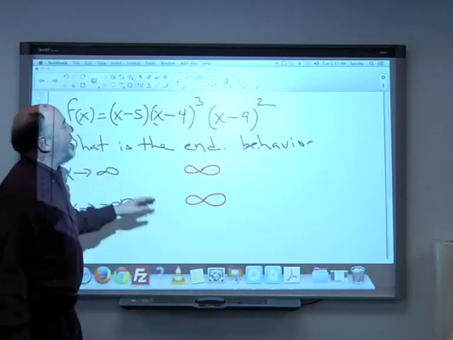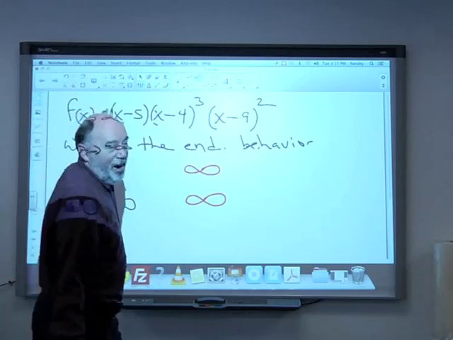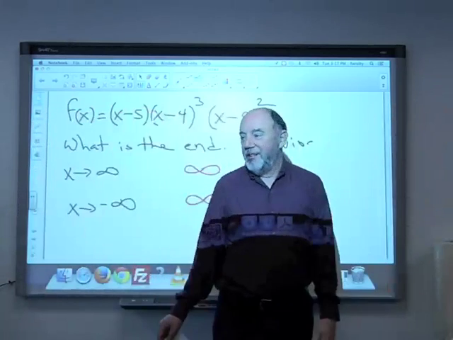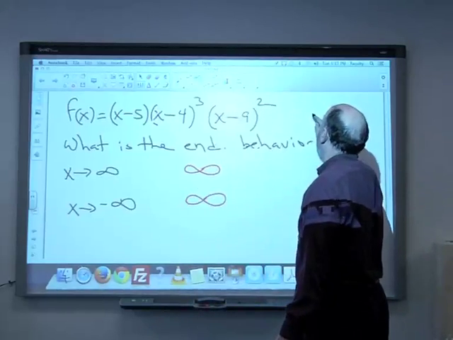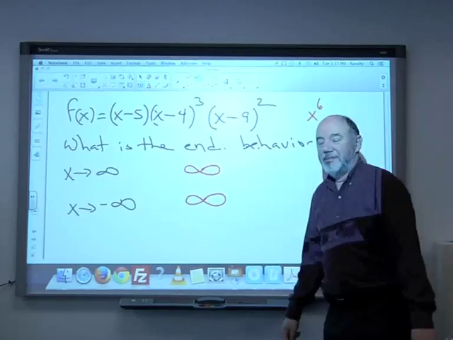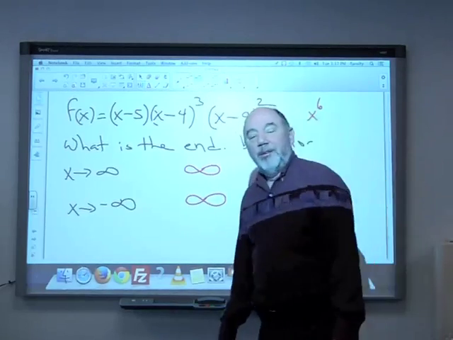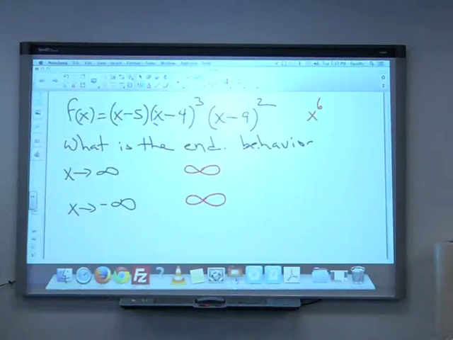6. So if I actually multiplied all of this out, if I did all that work, I would end up with a term that is x to the 6th, which will be the biggest exponent on it. Wait, so if it's quadratic, you have to add all of those up? So if I give you something like this and ask what's going on in terms of the end behavior, basically I need to add the exponents up.